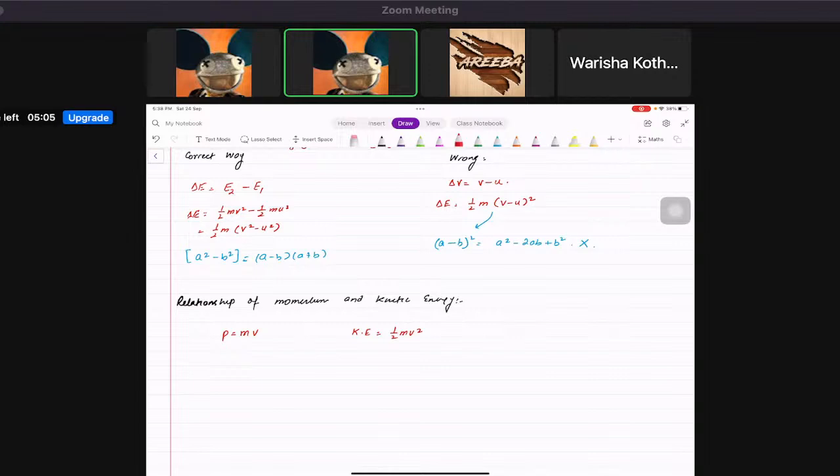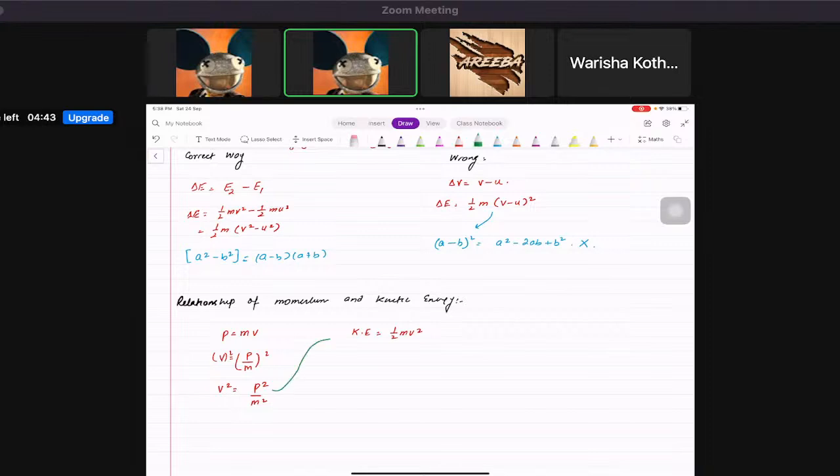we can make v the subject of this equation. That would lead us to p over m, and then we can square both sides. So v square equals p square over m square, and then just plug it in the other equation.